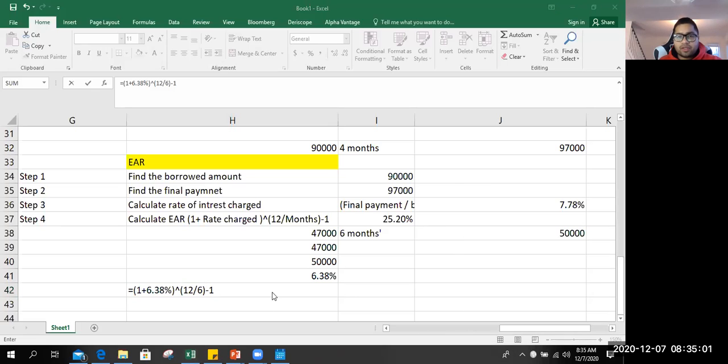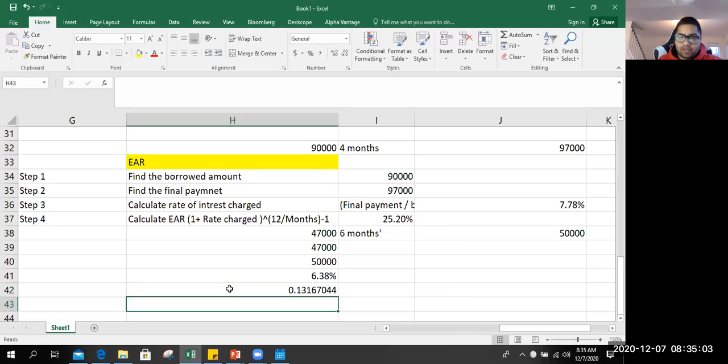That's how to do it. So effective annual rate is 13.17. Any questions regarding this?